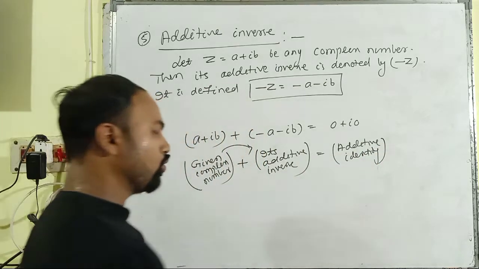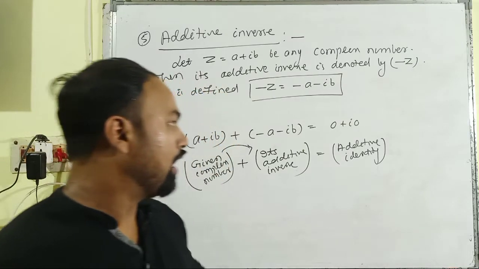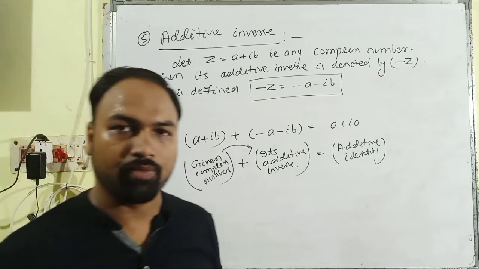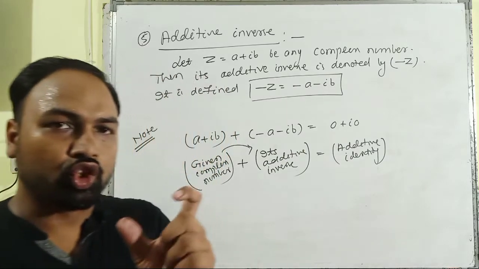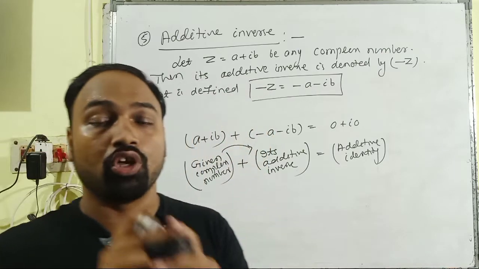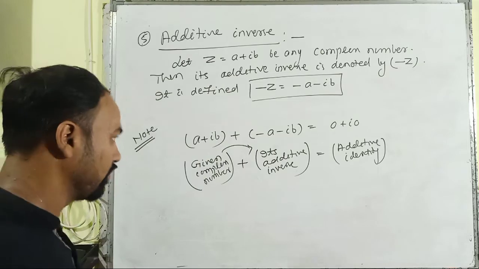So if there is a question in your question paper, what is the relation between additive identity, additive inverse and a given complex number, then you can say that the sum of a given complex number with its additive inverse always gives the result of additive identity. So here is the relation between them.